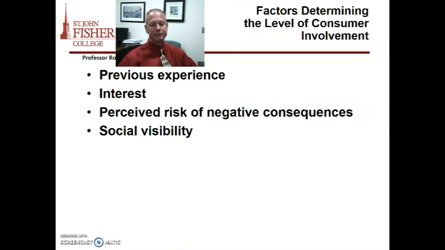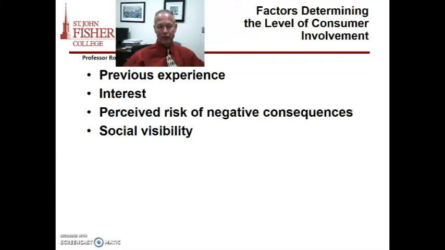Factors that determine the level of involvement: previous experience. If you bought it a lot and you liked what you bought, the level of involvement will be low. The interest: if you don't have a lot of interest in it, the level of involvement will be low. If you've got a lot of interest in it, the level of involvement will be very high.